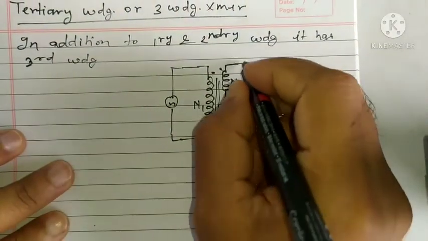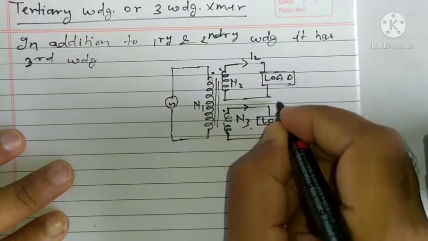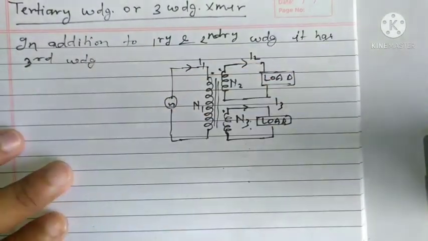Right. Current here will be I2, I3, and this is I1.